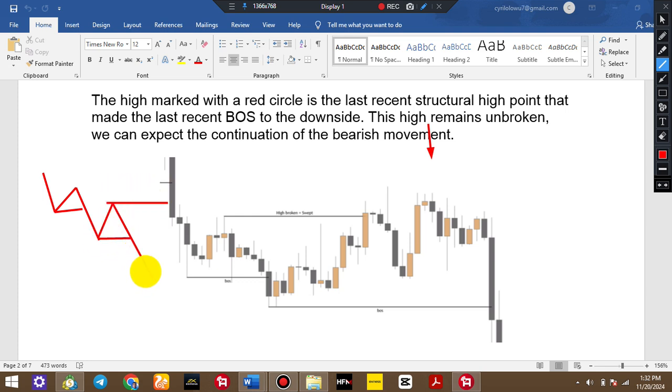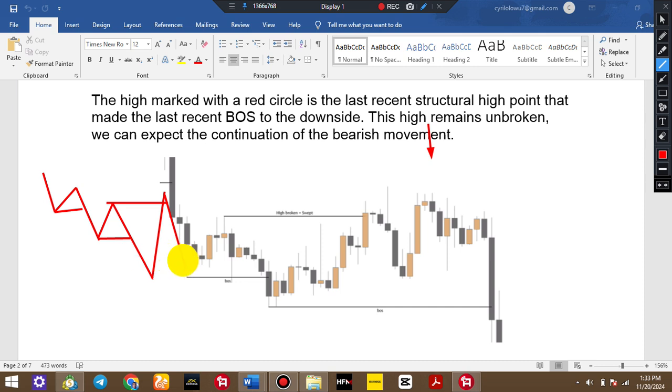Now, when price comes and closes above it, I told you that this is not a criteria for you to open a buy. Before you can say this is a break of structure or this is a sweep of liquidity, something must happen. The only way you identify this as a break of structure is if price comes, first instance, fails to break above here. That is one.